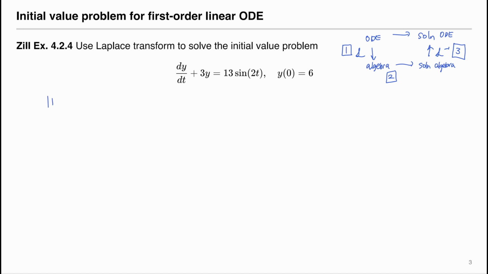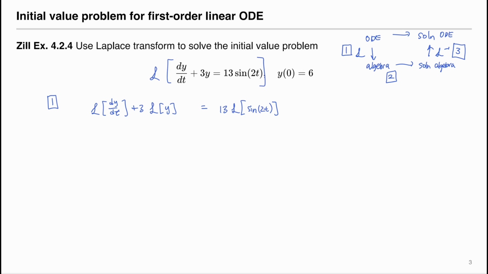First step is to Laplace transform both sides of the equation. So on the left, we can use the linearity property. So we have the Laplace transform of the derivative plus 3 Laplace transform of y equals 13 Laplace transform of sine of 2t.